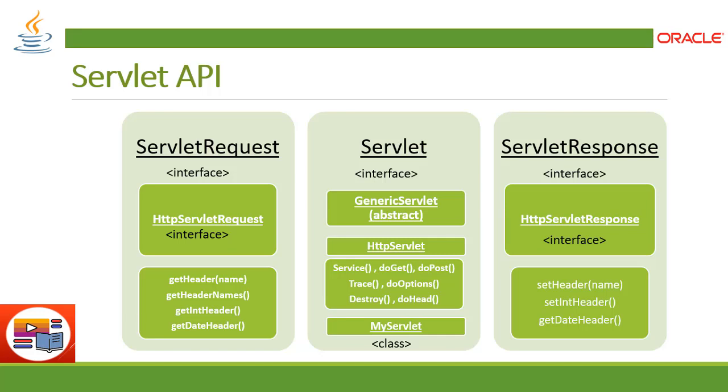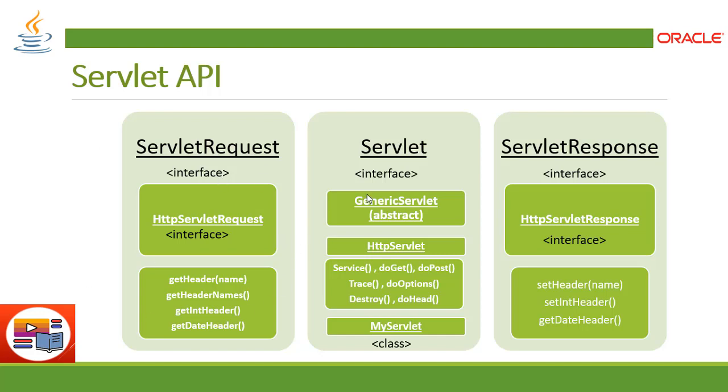And the third layer consists of classes that implement the full capability of the layer above. So this is how they differ from one another, and it is structured in a layered form.